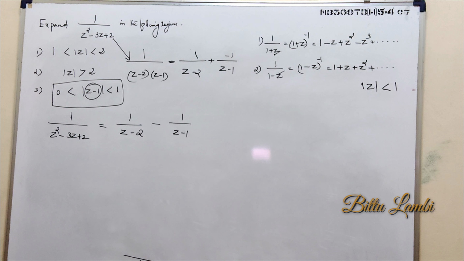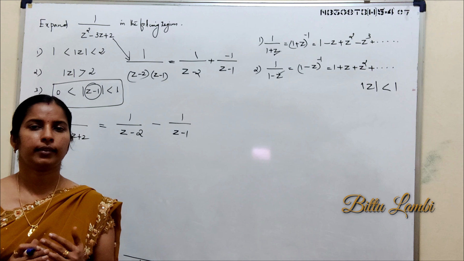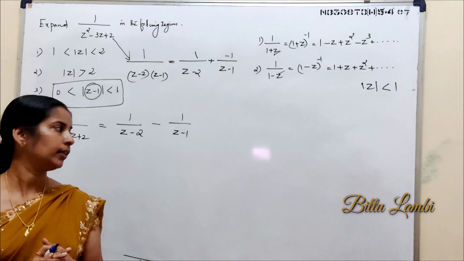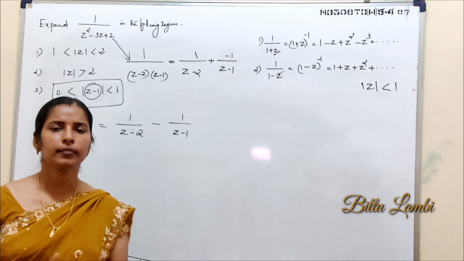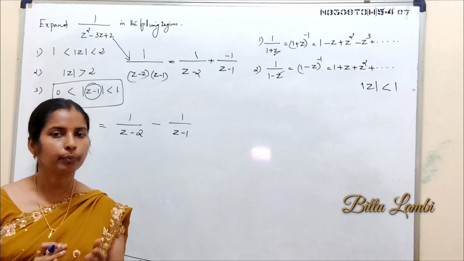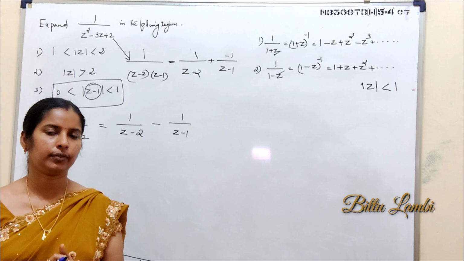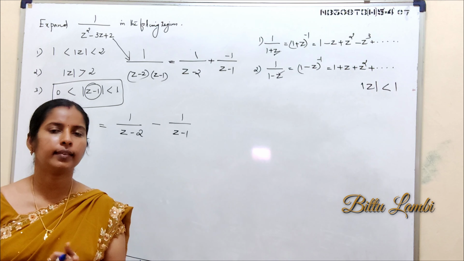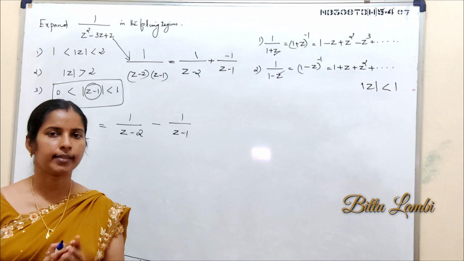And we have to express it in powers of z minus 1. See the second term, it's in the form of a term with z minus 1. So there is no need of rearranging or expanding this second term. So you keep it as it is.